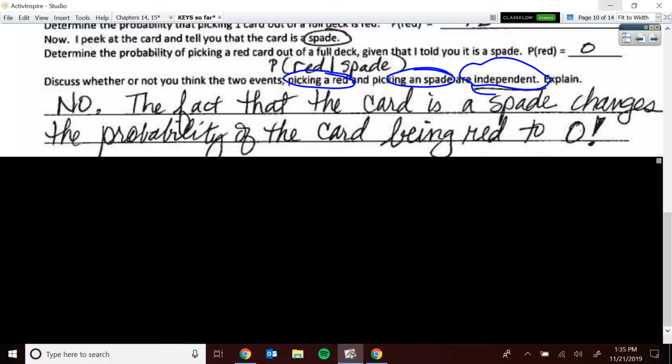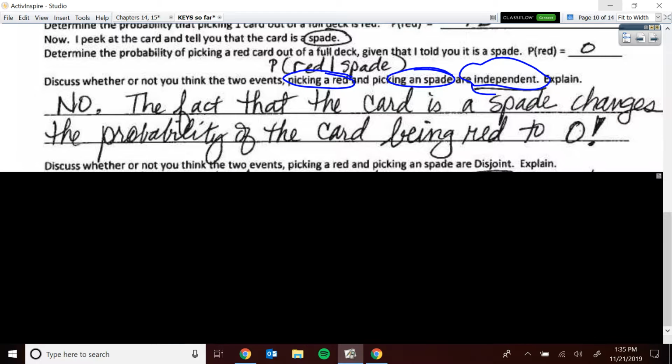Now we're back to the odds tell the evens. Are picking a red and picking a spade disjoint events? This is the last one. Go.